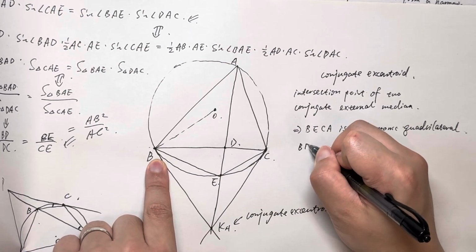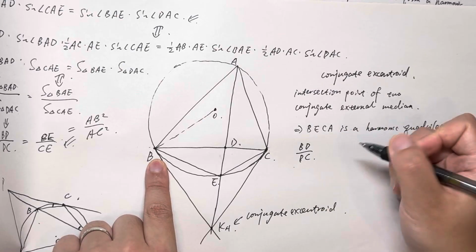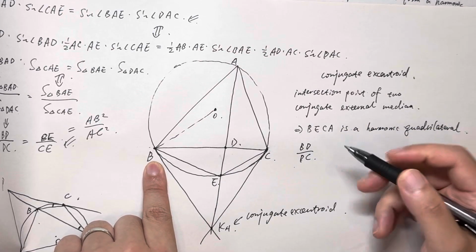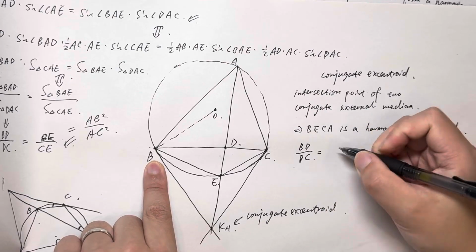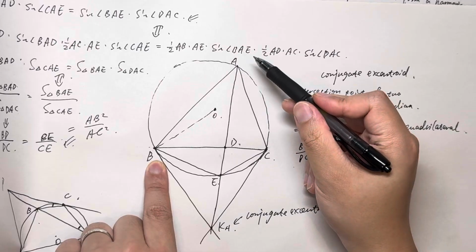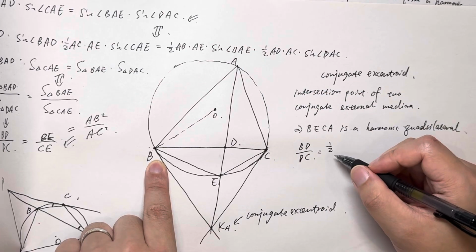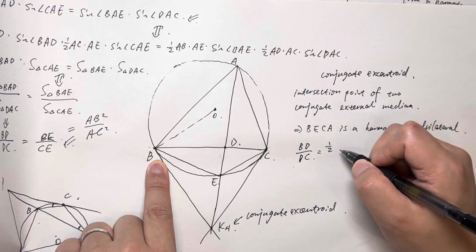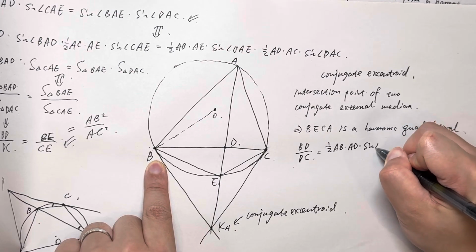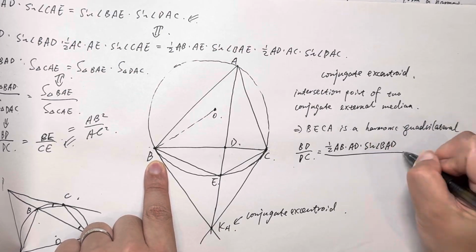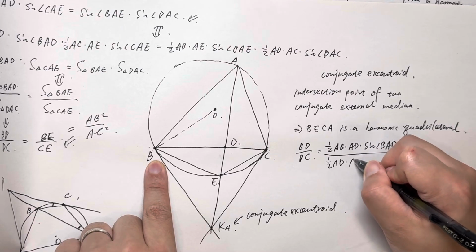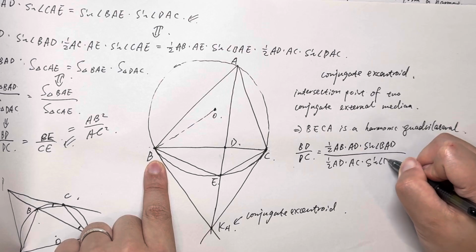We want to find the ratio of BD to DC. It equals the area of triangle ABD to the area of triangle ADC, which is half of AB times AD times the sine of angle BAD to half of AD times AC times the sine of angle DAC.